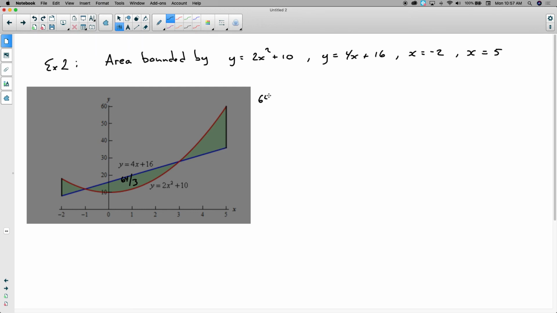We have 64/3 is the area in the middle, and we need to add to that this integral. Okay, so this one is from -2 to -1, and this integral is the first function, the parabola, minus the linear one. Okay, so that's 2x squared plus 10 minus the linear one.